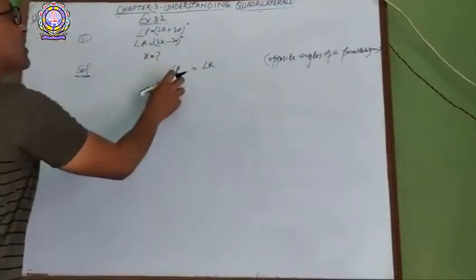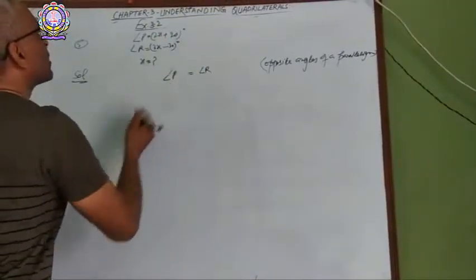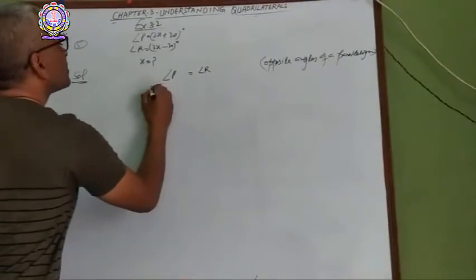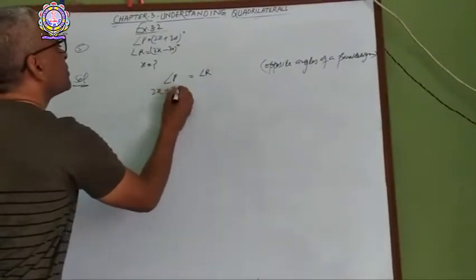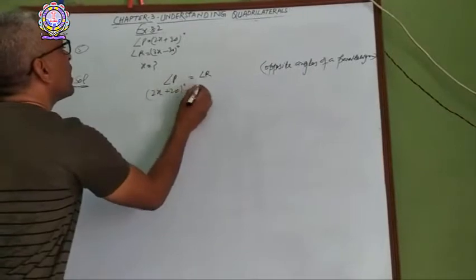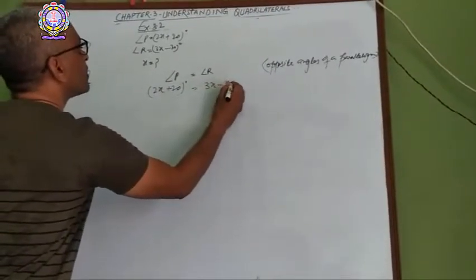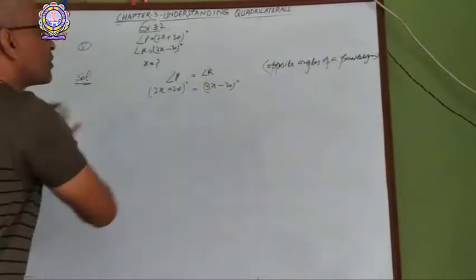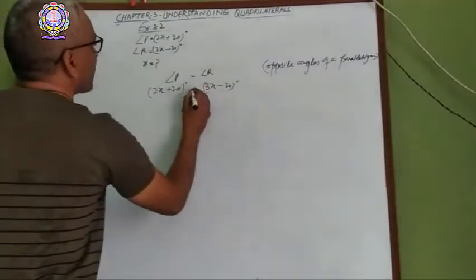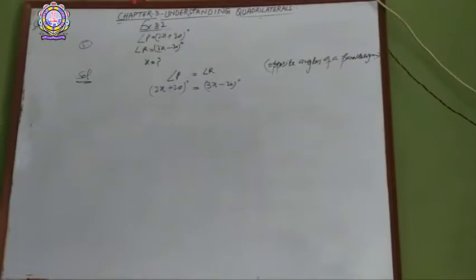Angle P is 2x plus 20 degree and angle R is 3x minus 30 degree. If we solve this equation, we can find the value of x.